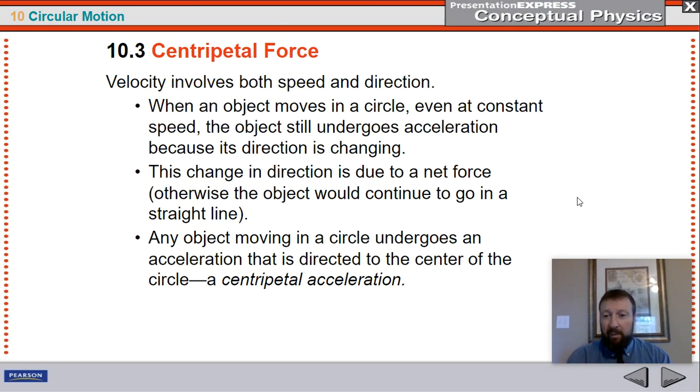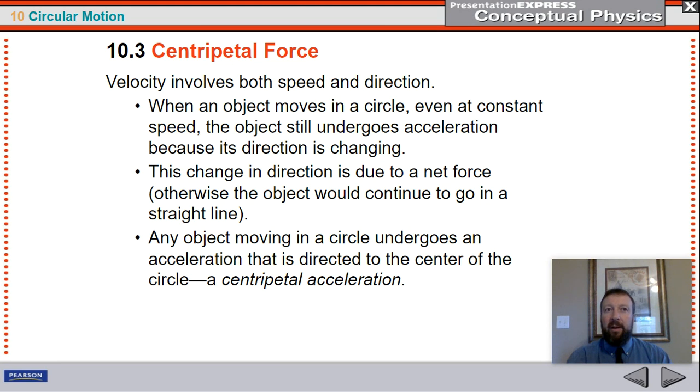Now, what do we need? There's a force acting on it because there's an acceleration. Why is there an acceleration? You can speed up, you can slow down, or you can change direction. And if you're moving in a circle, you are continually changing your direction. So even if your rotation or linear speed is not changing, you are still accelerating because you're changing direction. If it's making you go in a circle, we call that a centripetal acceleration.